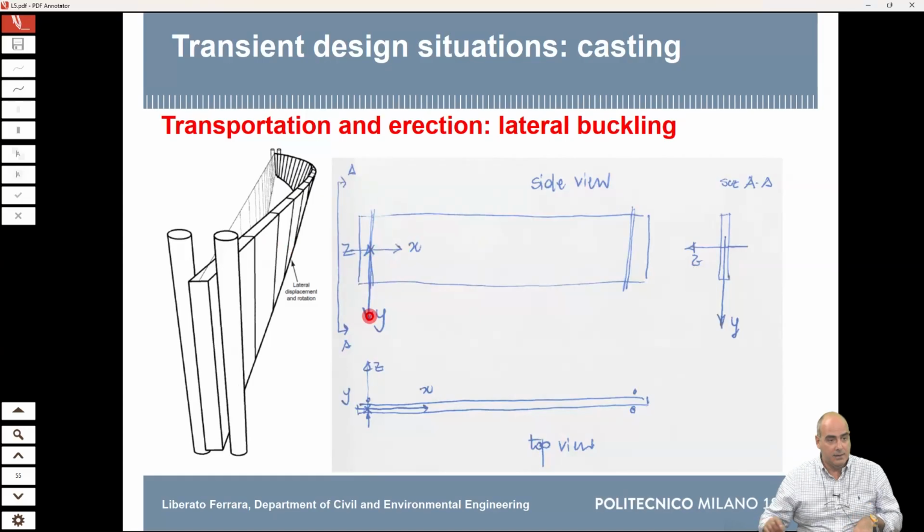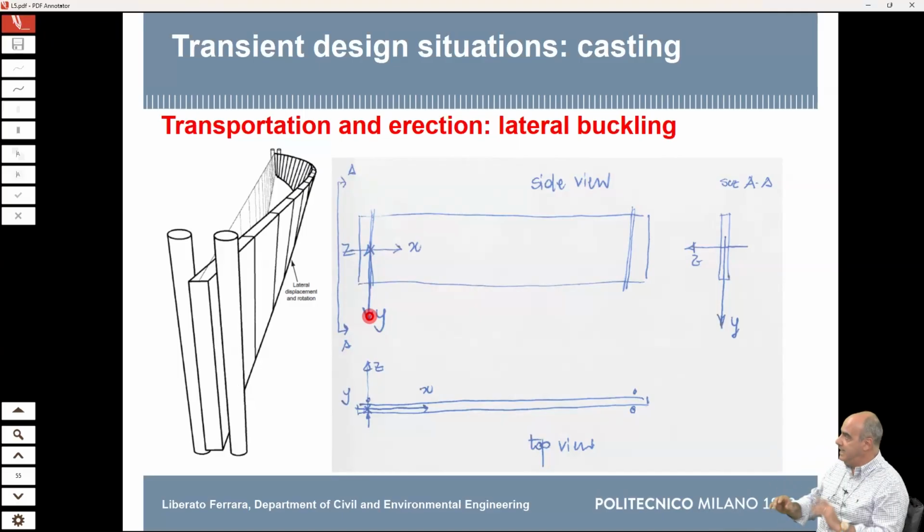We call Y the vertical axis, which points downward, because the gravity loads point downward, so we have gravity loads with sign plus. And then you know the right-hand rule. You have the thumb with the x-axis, the index is the y-axis, the middle finger gives you the direction of the z-axis. So the z-axis is pointing inward.